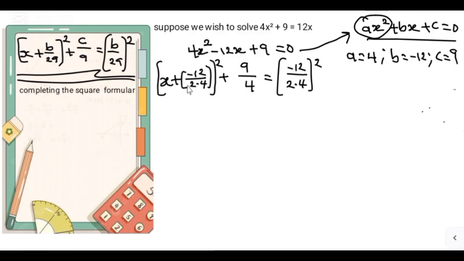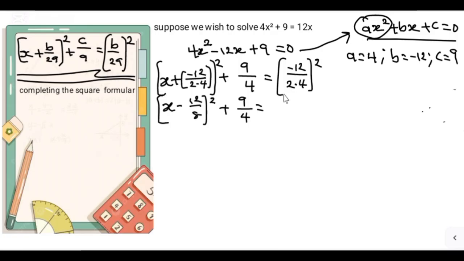Now, if you look at this, this is a negative result, so it's going to be negative. 2 times 4 is 8. So, picking it bit by bit, we can have negative 12 over 8, plus 9 over 4, equal to this negative 12 over 8.